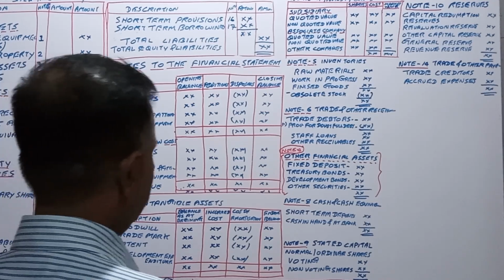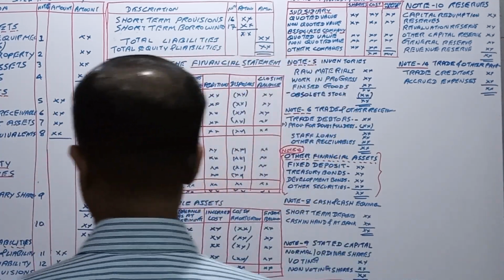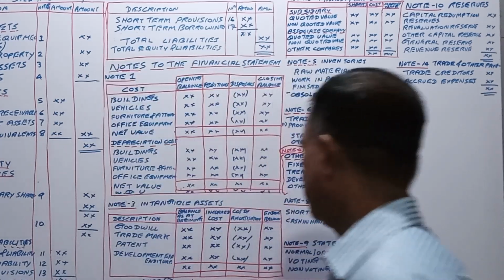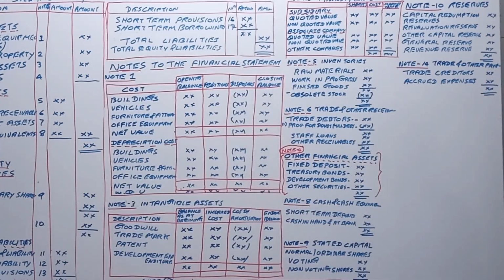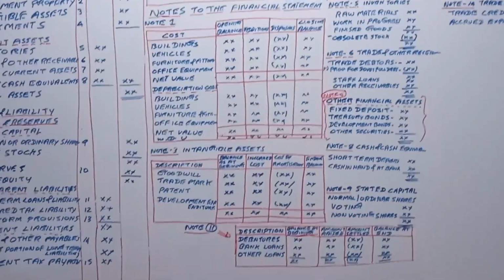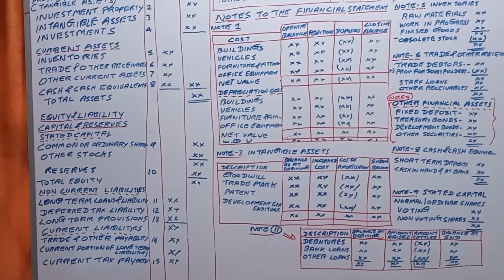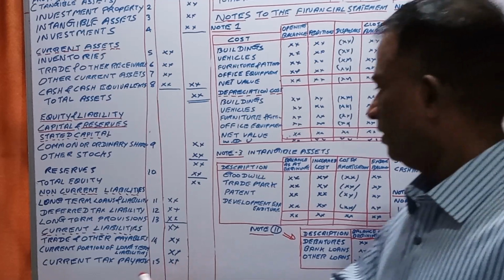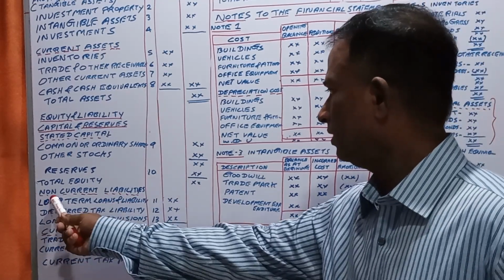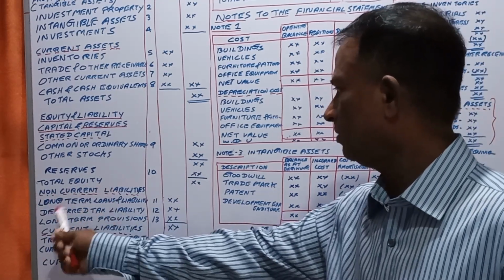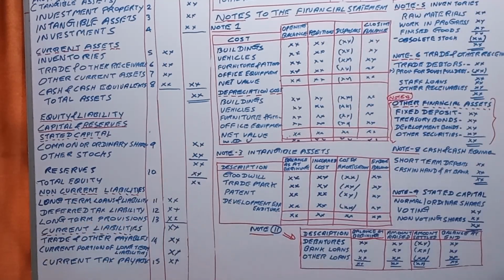Other current tax payables and those things are different. Then long term loans and liabilities, under the non-current liabilities.